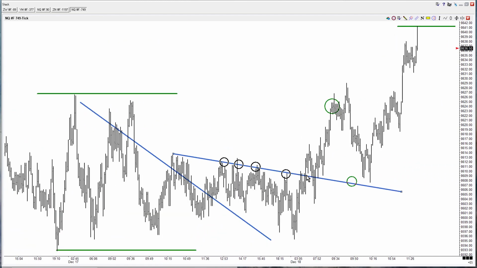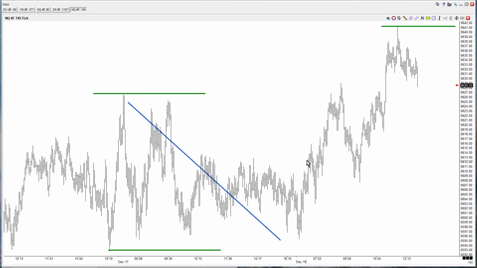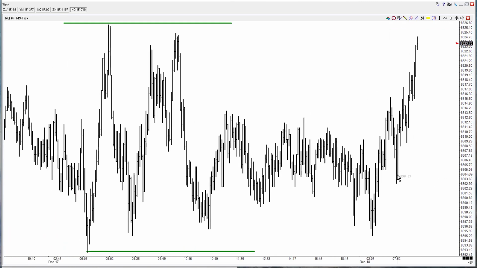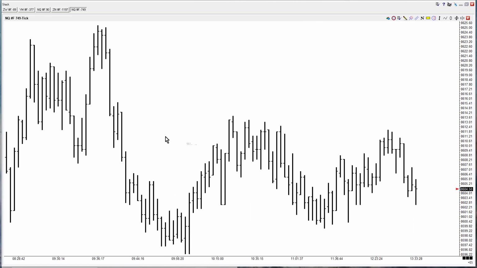So you kind of get the idea behind how this is a principle, whether we're using gaps or if we're using swings. It really doesn't matter. So for instance, let's take this gap.